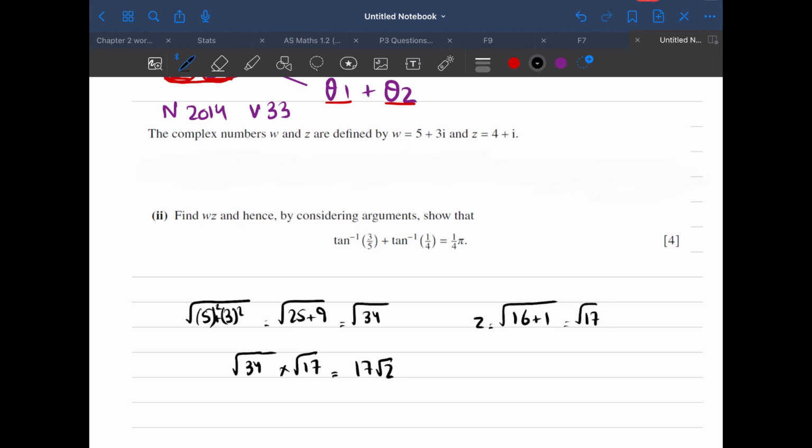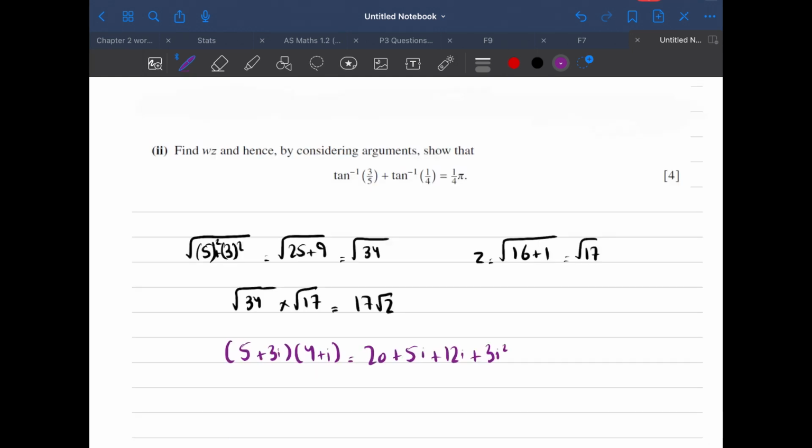Now let's multiply w and z. What was w? 5 plus 3i multiplied by 4 plus i. That's going to be 20 plus 5i plus 12i plus 3i squared. So 3i squared becomes minus 3, so it's 20 minus 3, that's 17, plus 17i.